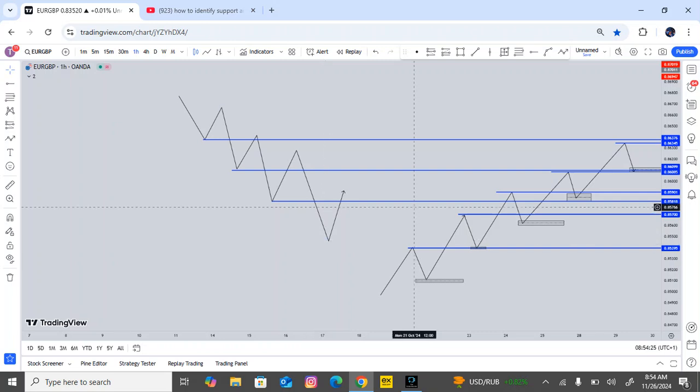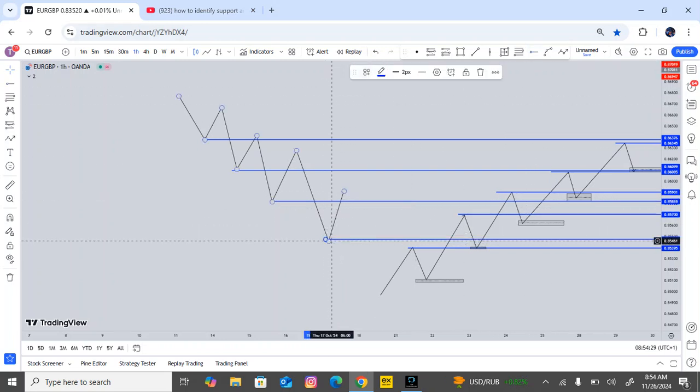Why is it called lower low? It's because this low is lower than this low, this low is lower than this low, this low is lower than this low. So that's why it's called lower low. Also, same thing with the higher highs. This high is higher than this high is higher than this high. Then this is a low, this low is higher than this. That's why it's called higher low, right?